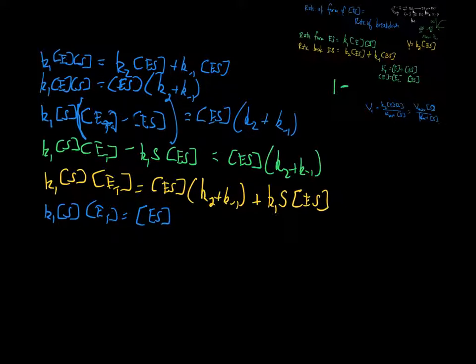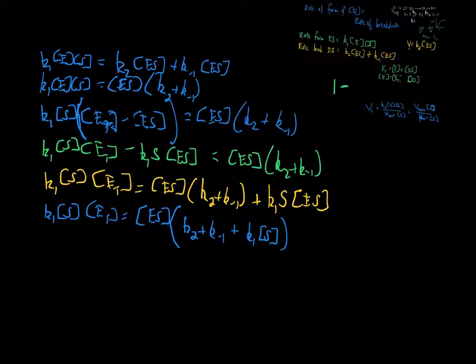But now this becomes K2 plus K minus 1 plus K1 times, I'll remember to put my bracket back in that time, S. I told you, it gets ugly. And since we have all these little K's, it's not a fudge factor, but we're getting close to what you can almost think of as a fudge factor.